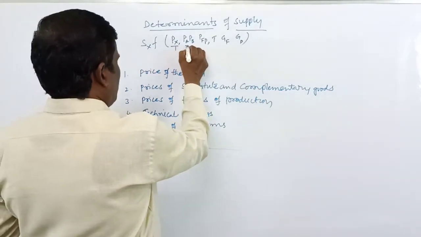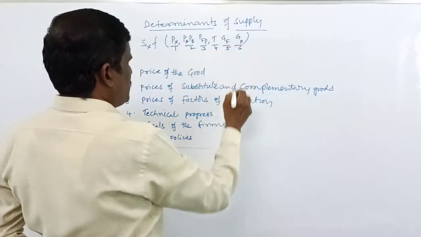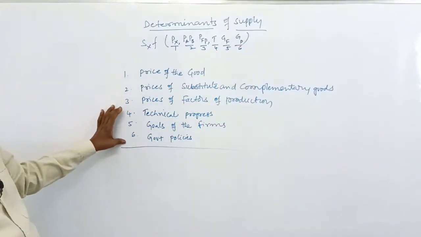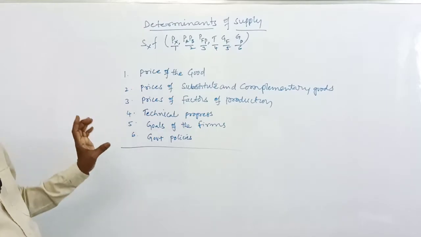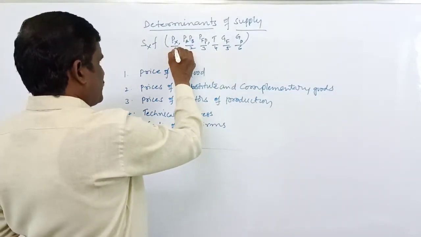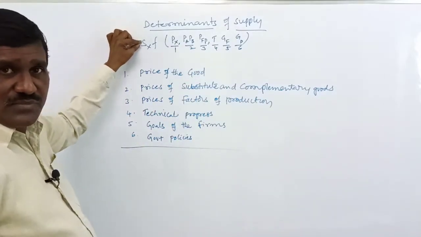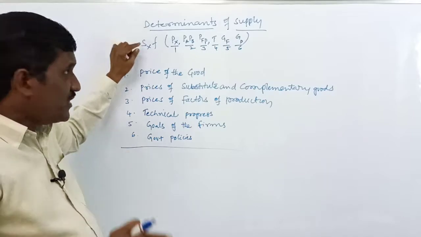Here are 1, 2, 3, 4, 5, 6. The six determinants of supply are there. Sx is the supply; the seller is ready to sell X commodity.